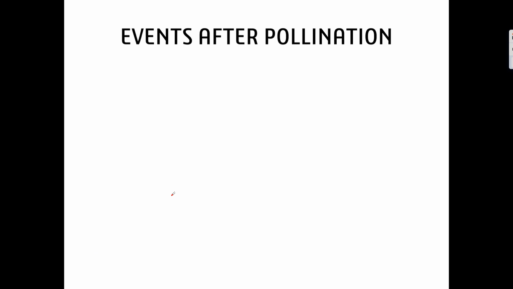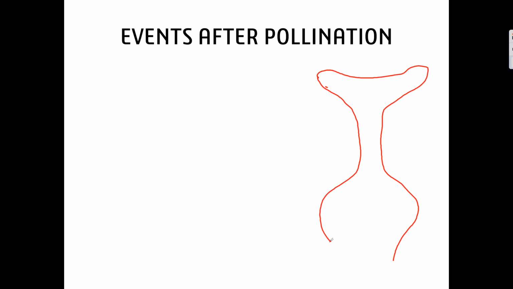And what happens after pollination? The stigma receives the pollen grains. So what happens after receiving the pollen grains? Here, the ovary has an egg cell in the center in its basal swollen part.